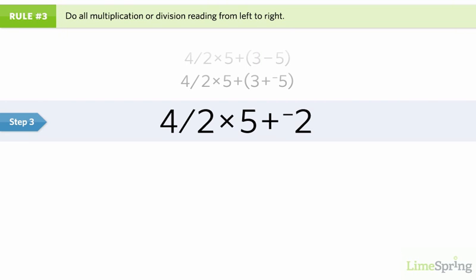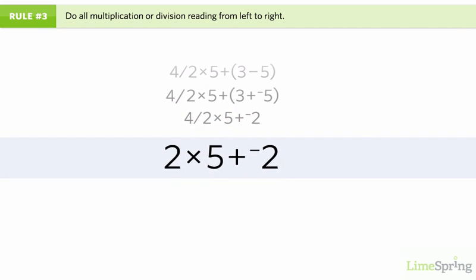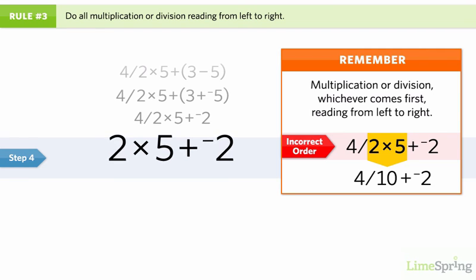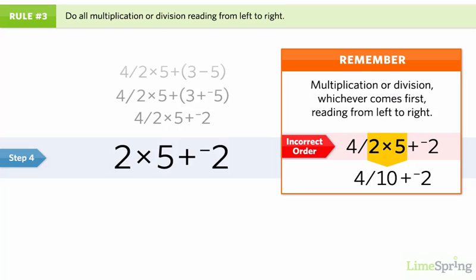The first thing we come to is 4 divided by 2. So we divide 4 by 2 to get 2. And we are left with 2 times 5 plus negative 2. Notice that if we had simplified the multiplication before the division, we would have gotten the answer wrong, since we would have multiplied 2 times 5 to get 10, and this would have left us with 4 divided by 10 plus negative 2, which is very different from the correct expression of 2 times 5 plus negative 2.